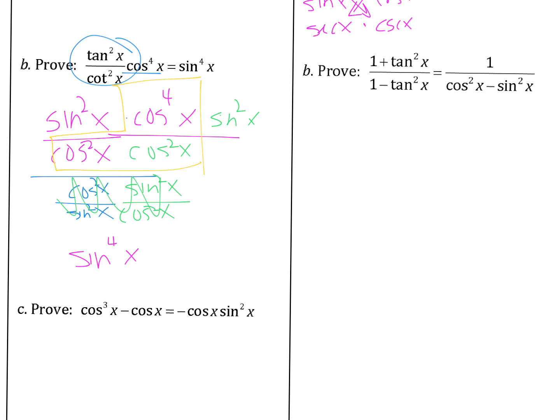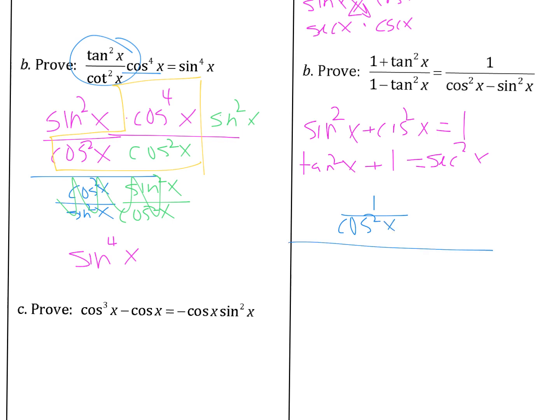B on the right here, 1 plus tangent squared over 1 minus tangent squared. I'm going to start here. I know that sine squared plus cosine squared is 1. Let's divide everyone by a cosine squared, so that means tangent squared plus 1 is the secant squared. So I guess I'll replace the top with secant squared, but I'm going to actually replace it with 1 over cosine squared.